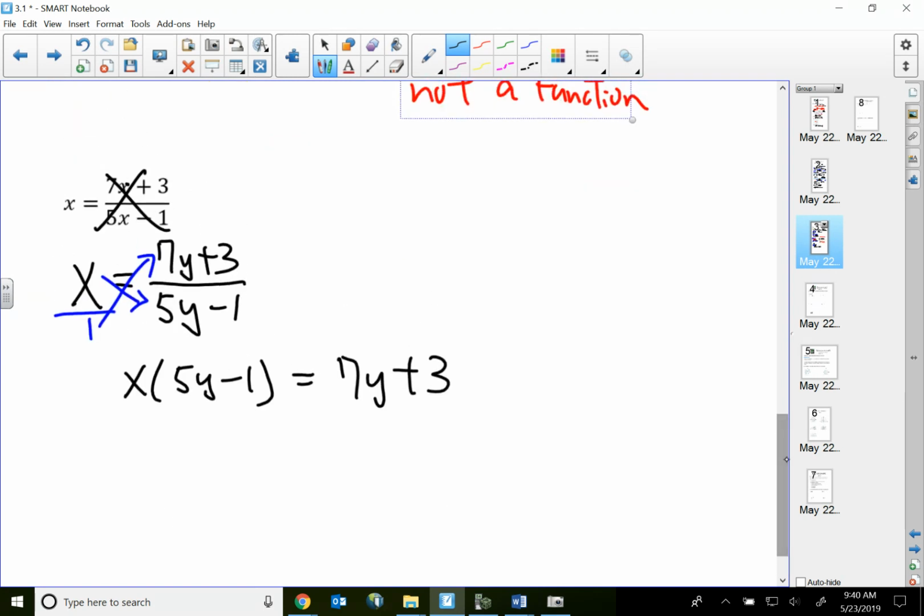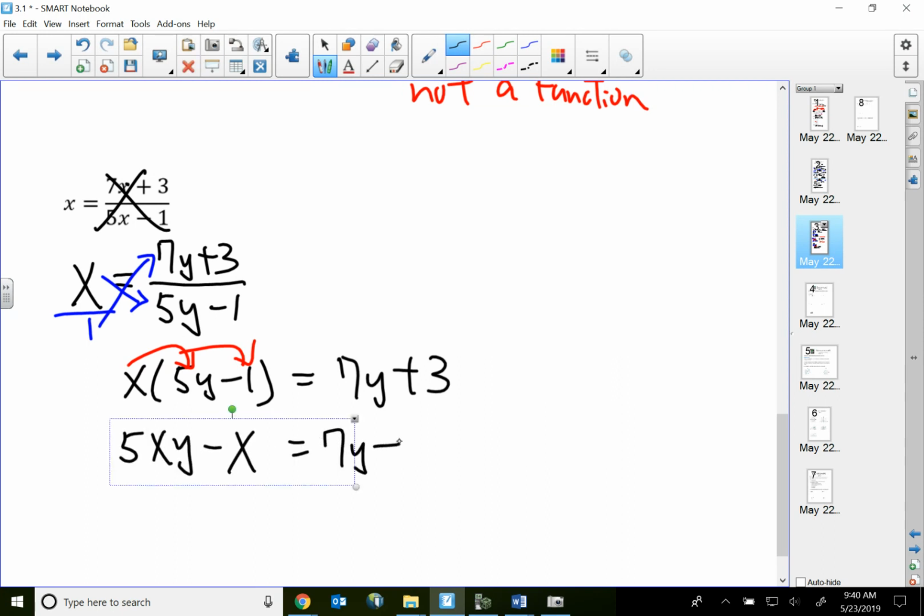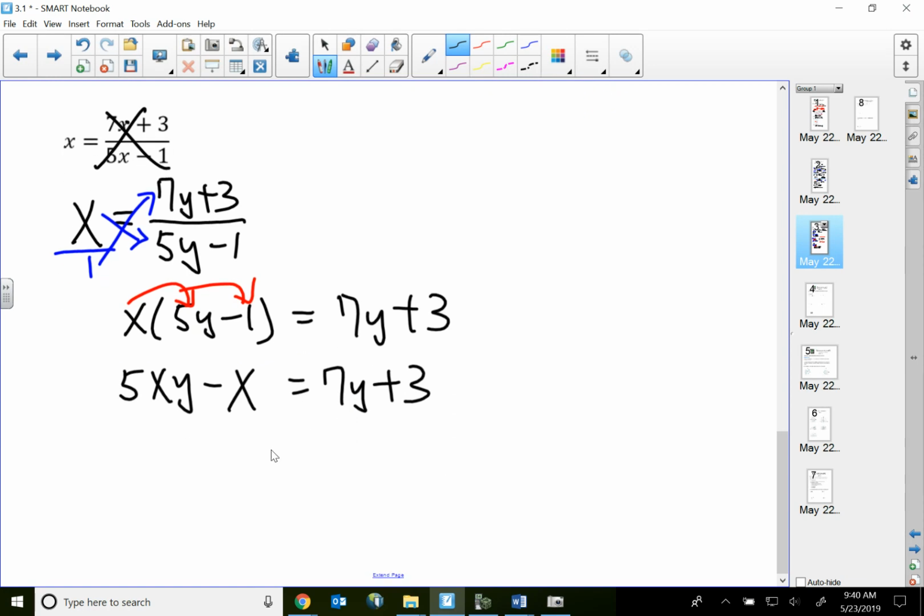All right, so what do I do from here? Well, right now, one of my variable terms is trapped inside the parentheses, so I can do a quick distribution. That gives me 5xy - x = 7y + 3. Now, once I'm finishing my multiplication, I have 4 terms. Since I'm solving for y, my variable terms are 5xy and 7y, one on the left, one on the right side of the equal sign.